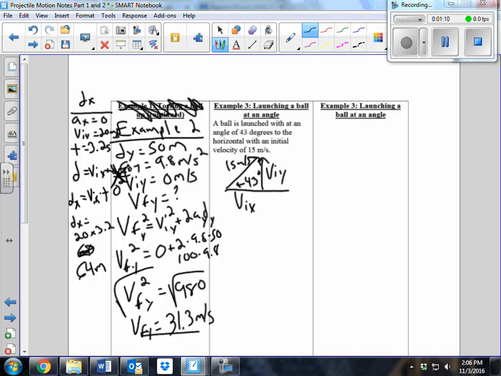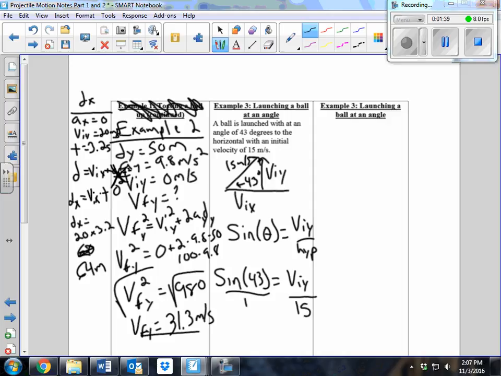So if I want to solve for opposite, VIY is opposite of my angle, so I have to use the sine function: sine theta equals VIY over my hypotenuse, right? So now I just plug in numbers. I have sine of 43 equals VIY over 15.